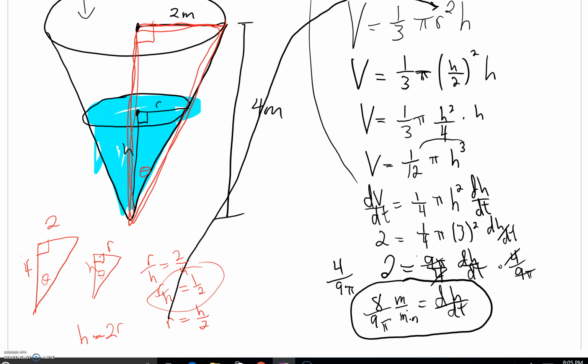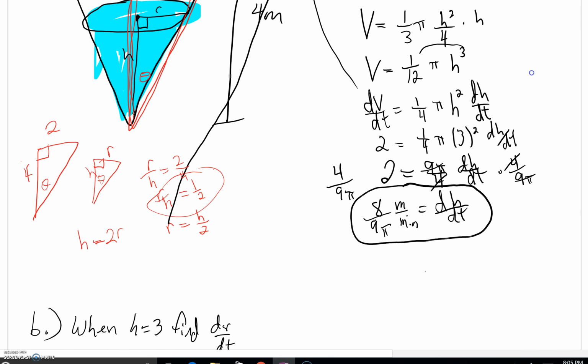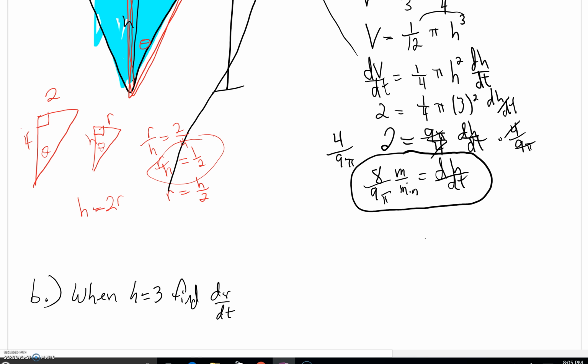Now, in class, we also had a follow-up question. We said, what if, for part B, the follow-up question was, and you can see this at the bottom, when h is equal to 3, find out what dr dt is. And at this point, kids could have a terrible sense of foreboding.